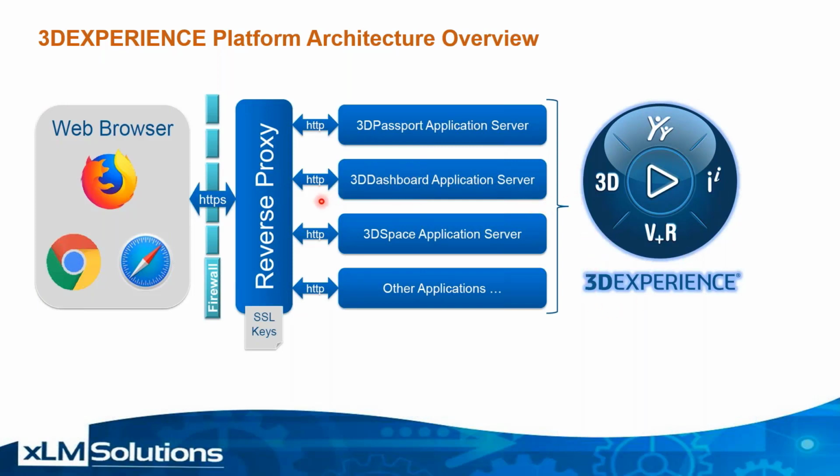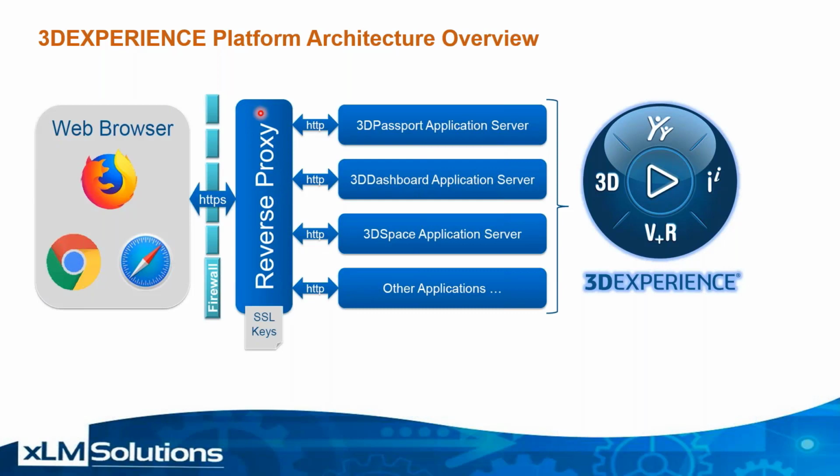The client browsers are connected through an HTTPS layer, a secure firewall layer, through a reverse proxy layer. The reverse proxy and the SSL keys or certificates that we use are responsible for connecting various application servers like Passport, Dashboard, 3D Space, these three being the basic ones. Then you have Command, Federated Search, 3D Search, and many more services which connect through your reverse proxy layer.